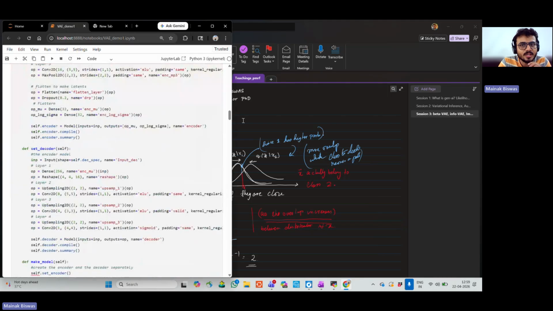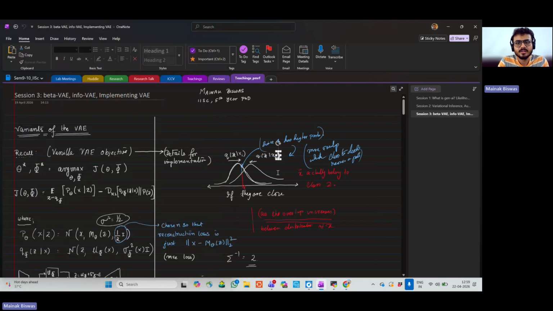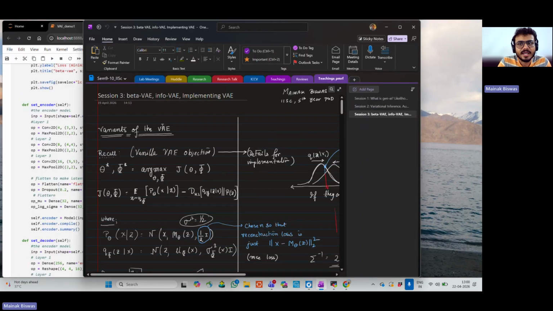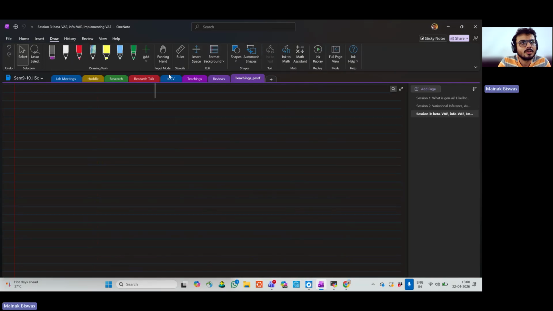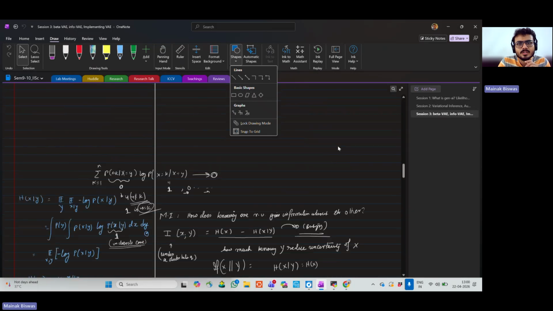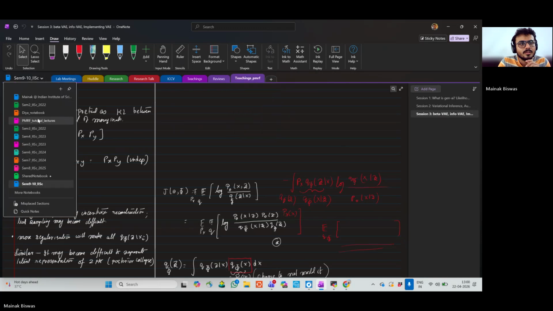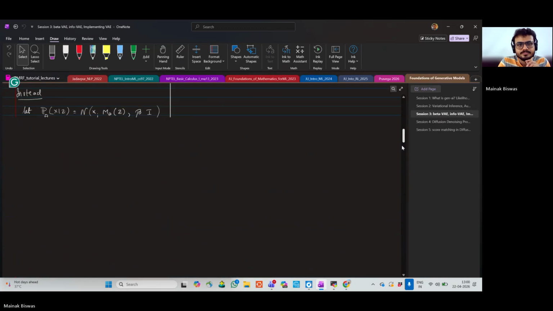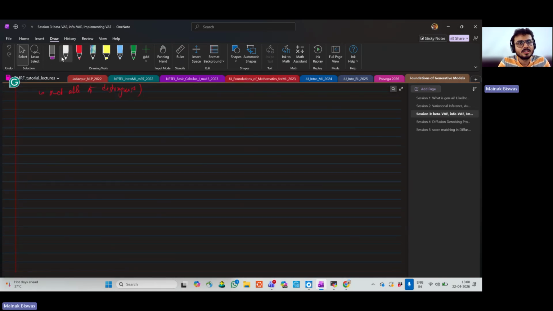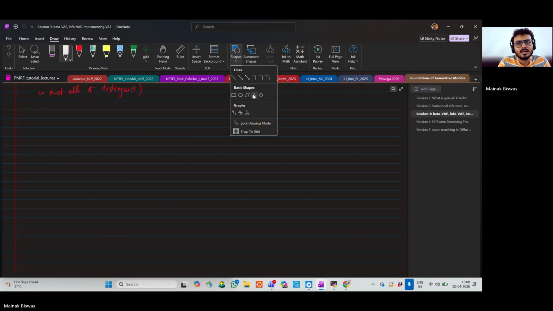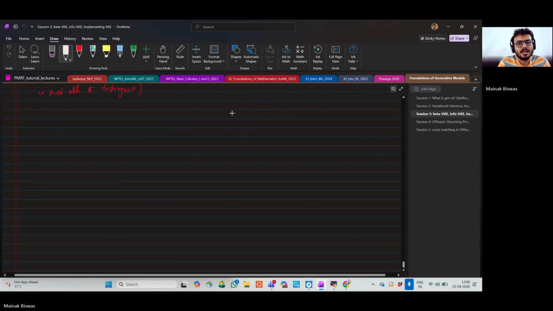So if you see the encoder here, what I have done is I have a shape.